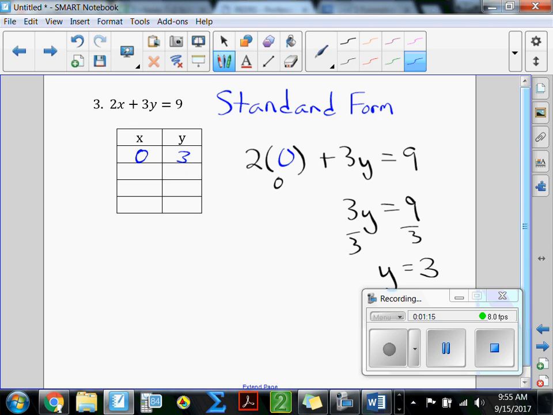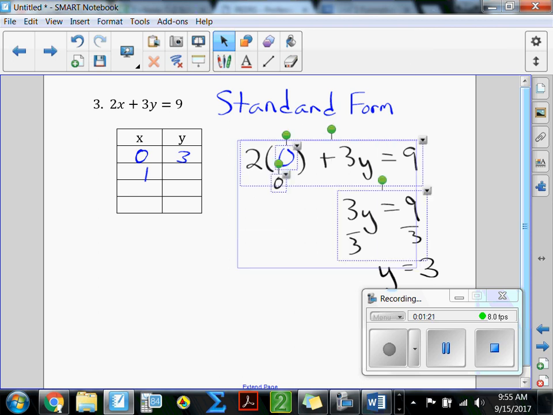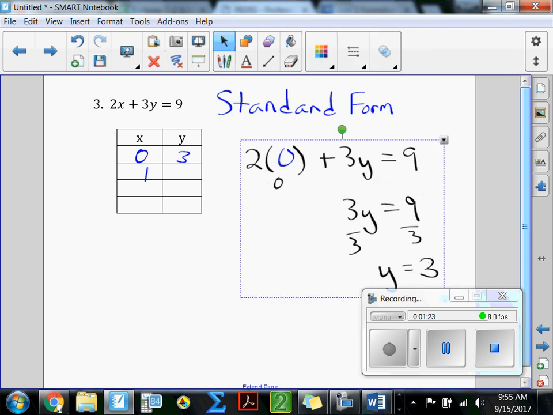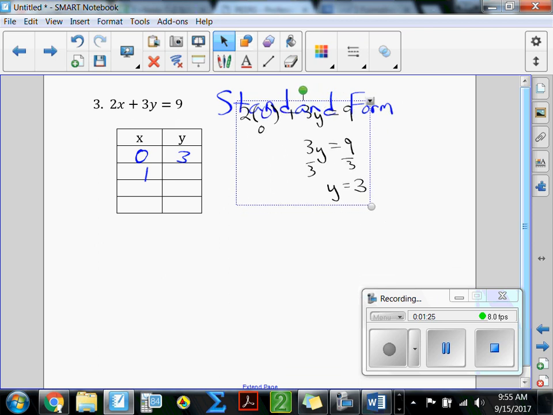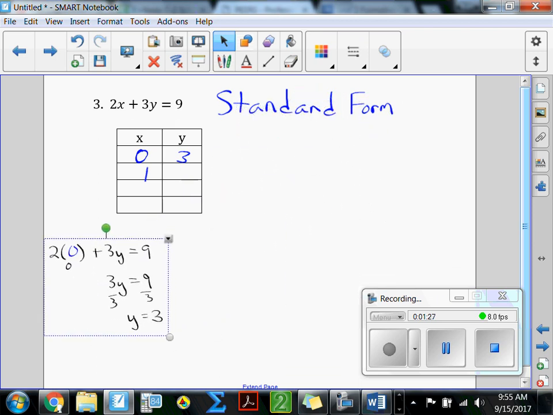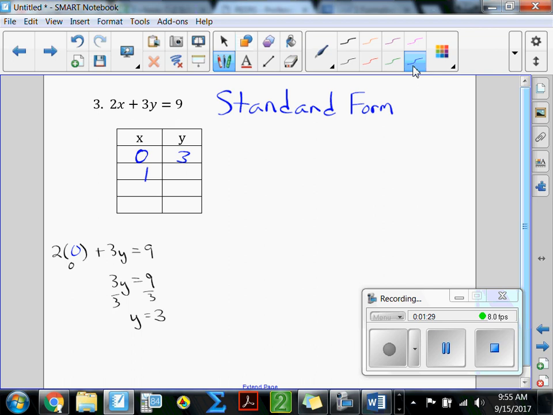I can do this again for another point, like 1 for x. I'm going to group this and move it so it's out of the way. It's still there if you want to look at it. So 2 times 1 this time. So I wrote out the whole equation except the x.